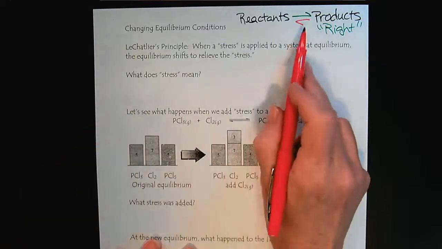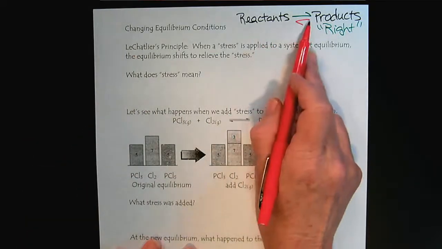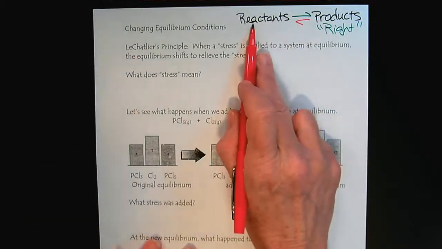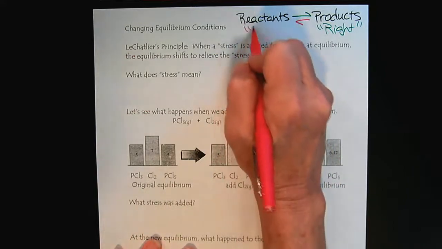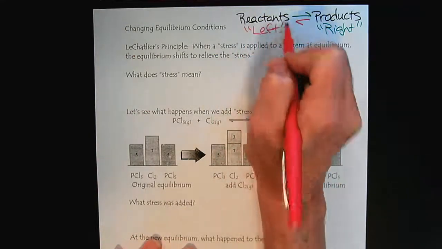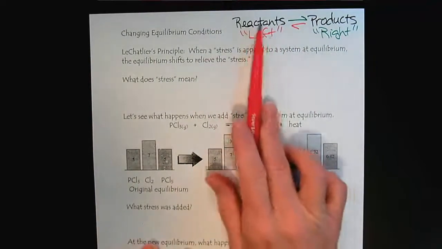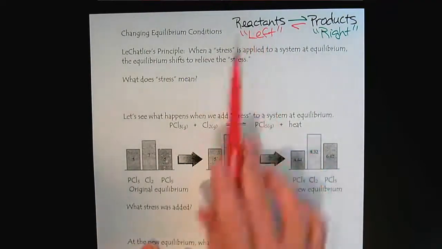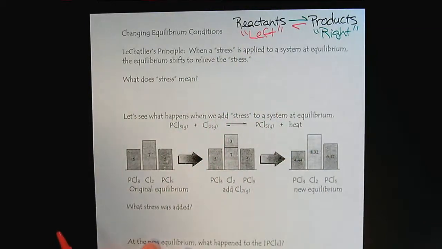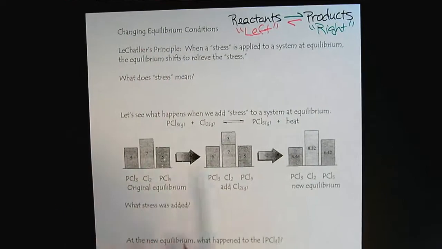If we're looking at a reaction that favors the reverse reaction, since the reactants are on the left, we will say that the equilibrium shifts left. So it's really important to be aware of the different ways that people will describe changing equilibrium conditions, but it's all based on your understanding of chemical reactions.